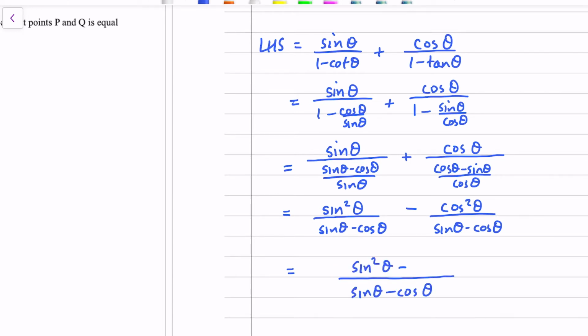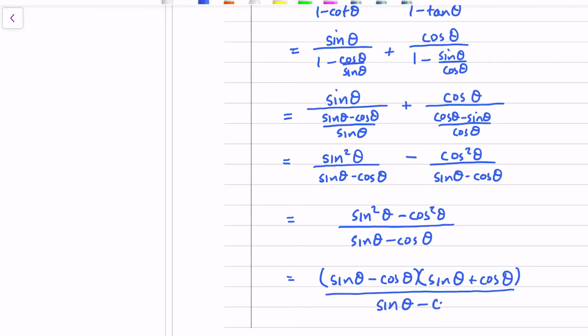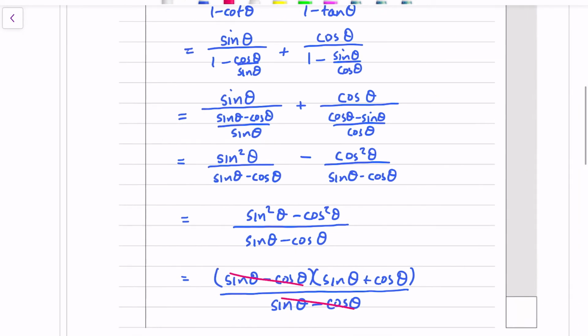The top has now become a difference of 2 squares, so I can factor that. And the common factor, sine theta minus cos theta, cancels out, and we're left with our proof. Well, equals minus b over a, the sum of the roots.